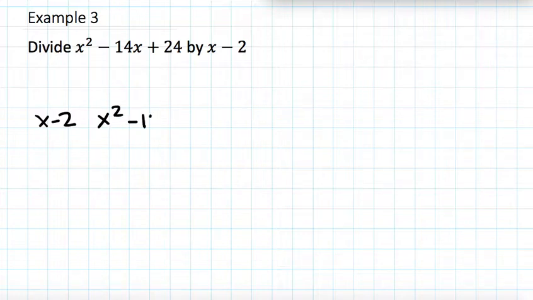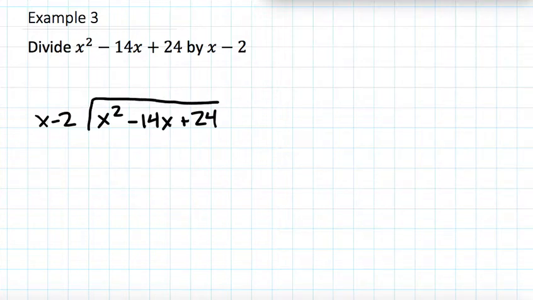X squared minus 14x plus 24 goes under the division symbol. Now, what I need to think about first is what do I multiply by x to get x squared? So I'm not concerning myself with the minus 2 right now, I'm just concerning myself with the leftmost piece, the x. So what do I multiply by x to get x squared? Well, I need to multiply x by x to get x squared.